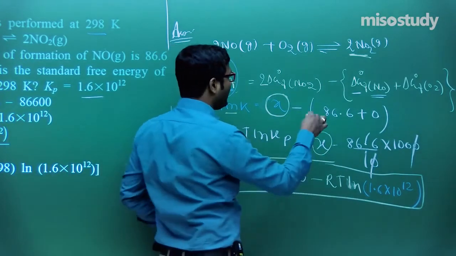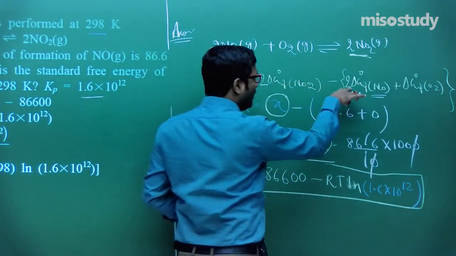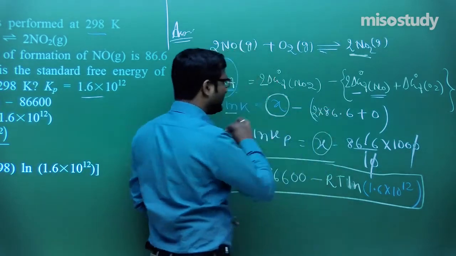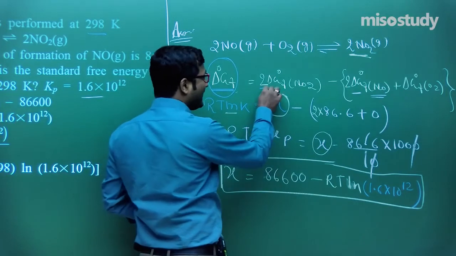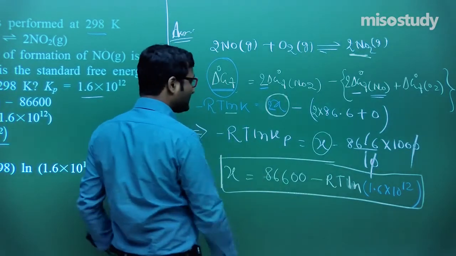So multiply here. One more thing, there is a mistake here because here it is 2 moles. Put here 2. Clear to you? Now 2 multiply, and one more thing, since here it is 2, put here 2x. Clear? Now this is the expression.